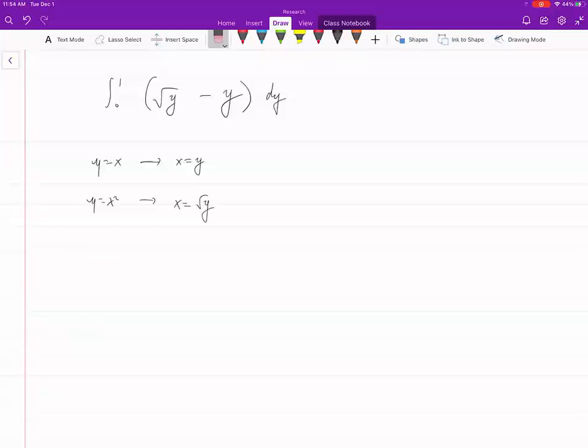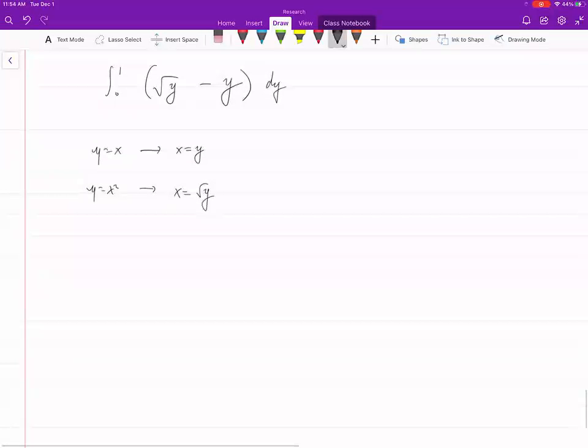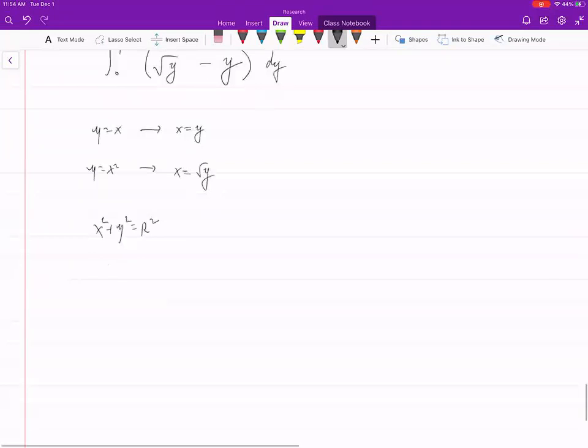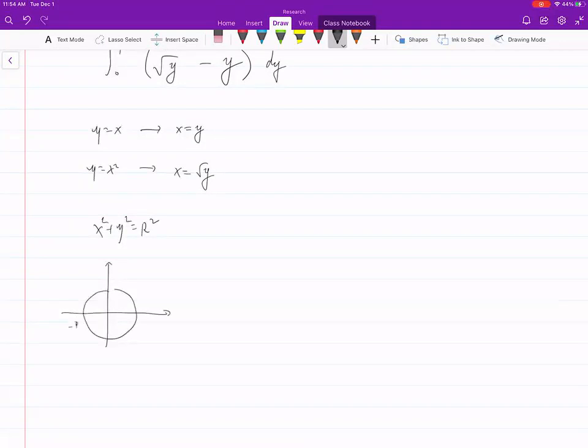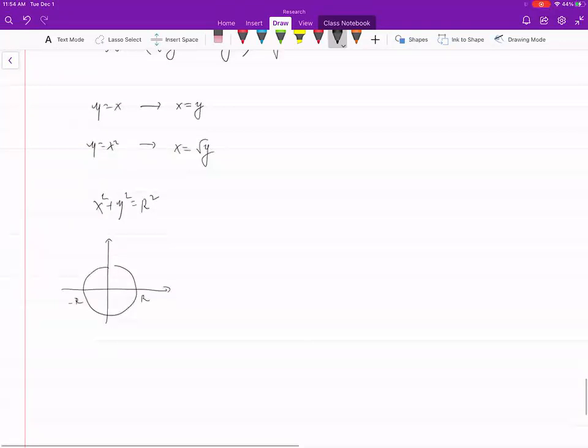Now, actually, you have the tool. Do you know the formula of a circle? Do you know how to find the area of a circle using integral?